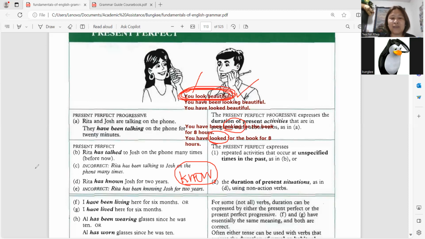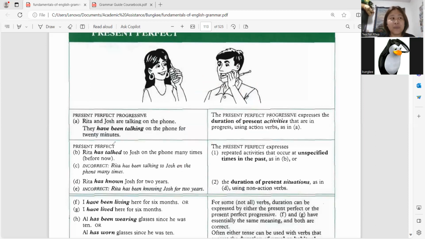So that is how you have to ask yourself first if this is an action verb or a non-action verb, because you cannot use non-action verbs in the present perfect progressive. It must always be an action verb.